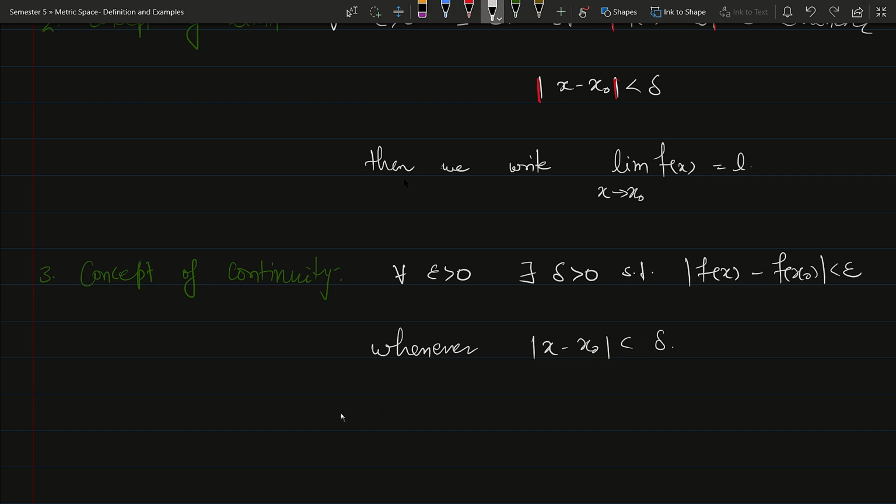Okay, and then we say that f(x) is continuous at x naught. We say f(x) is continuous at x equals x naught, right?